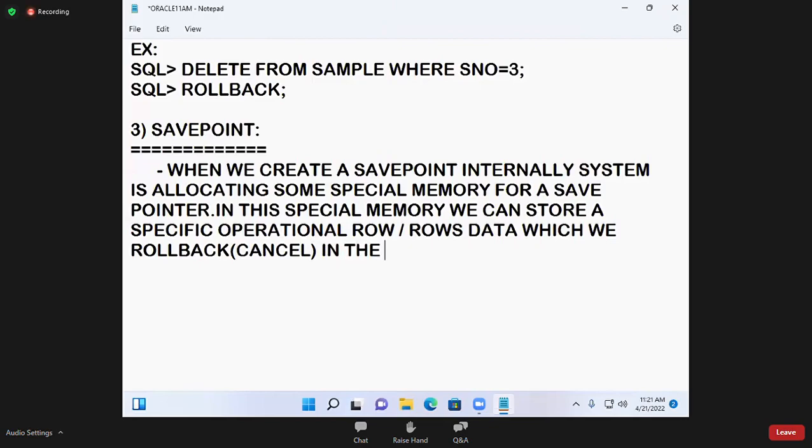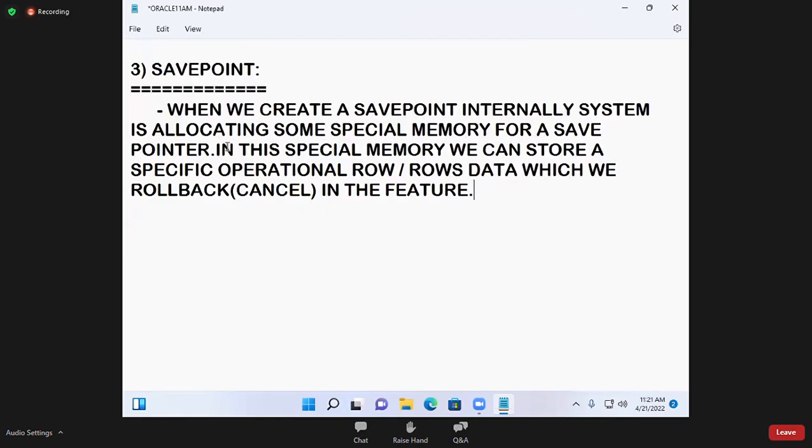So in the future, in this special memory, we can store a specific operational row or rows data. Which operation? Insert, update, delete, whatever it is, the three operations. Regarding those three operations, the specific rows data will be stored under the special memory.